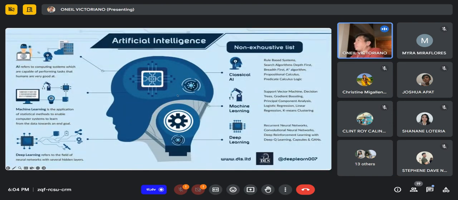So part of the artificial intelligence would have different items, like classical AI, so rule-based, depth search algorithms, and machine learning. So machine learning would have SVM, decision support, logistic regression. We'll be talking about this in a while, some of the items here. And of course, deep learning, so neural network, which is connected with the idea of brain neurons.